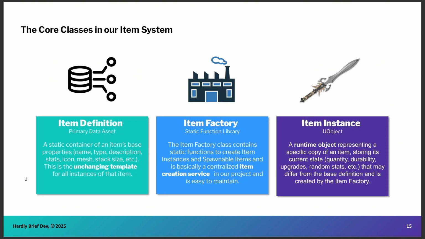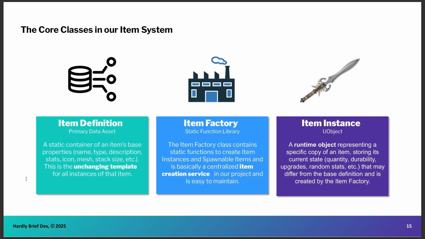All right, so we want to talk about the core classes that make up our item system. There's three main principles or subjects that I really want to cover when we discuss what our item system is and how it's going to work. The first one we have on the left, which is our item definition. The item definition is really just a static container of information or properties about our item. That's the name, the type, the description.